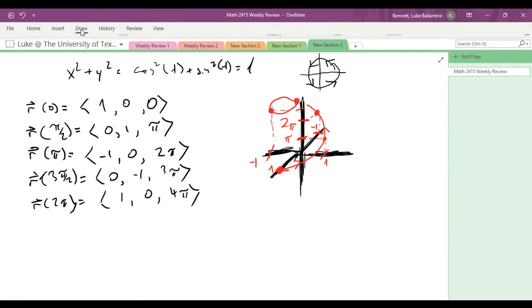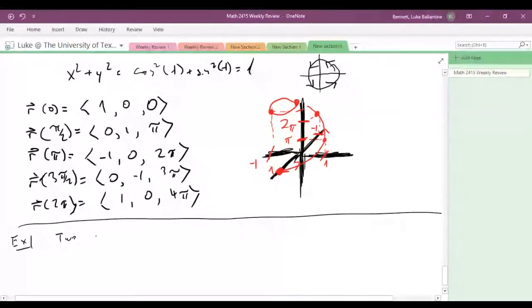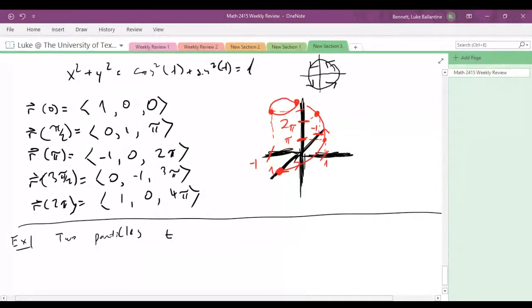Okay. Now let's look at an example. So as the coefficient of z approaches 0 infinitely, but it never touches it, would we get a cylinder? Yep.